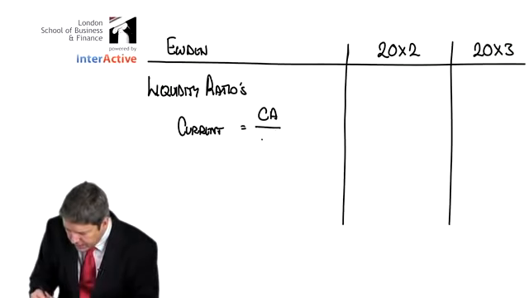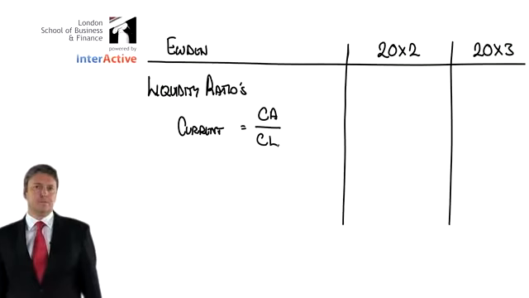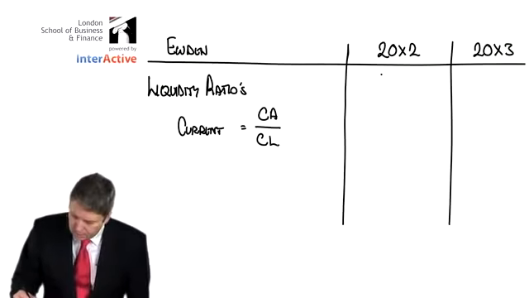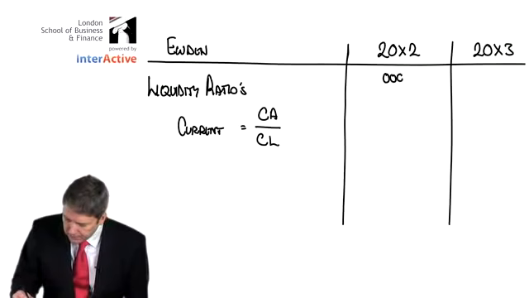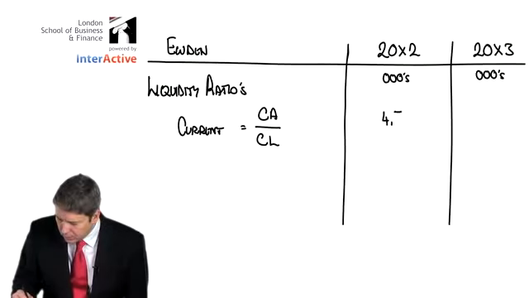Current ratio is current assets to current liabilities. Very straightforward. If we look at the values, I suppose everything here is in thousands. The current assets in 20x2 were 4.5. Current liabilities were 2.